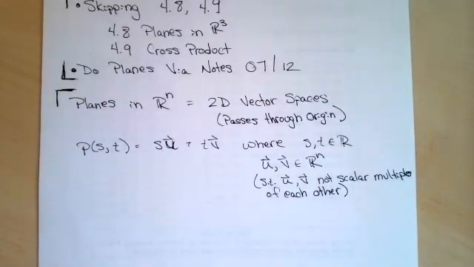That should be fairly intuitive with planes. If I'm on a two-dimensional surface and I'm stuck on that surface, I should have two directions I can walk, at some angle potentially. We'll talk about angles with the dot product.